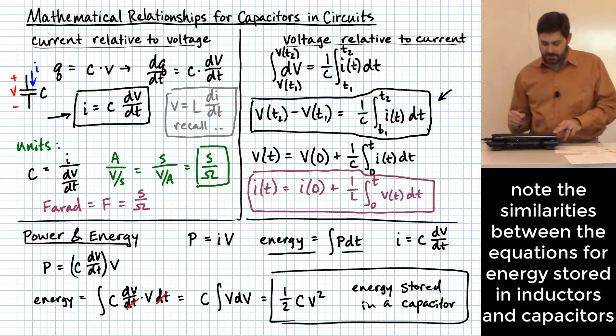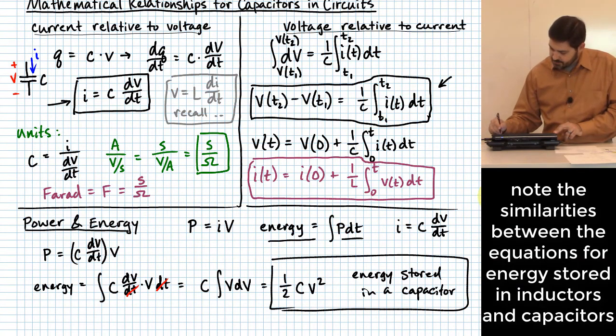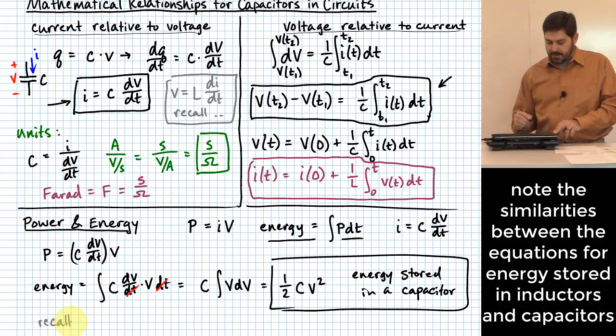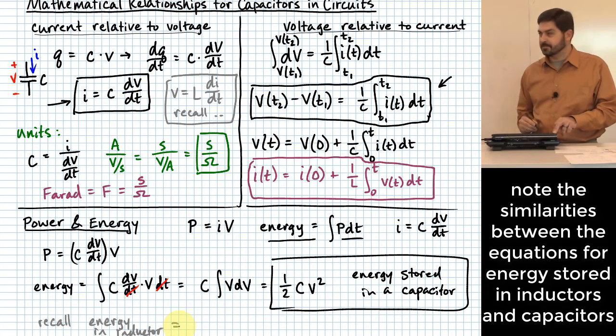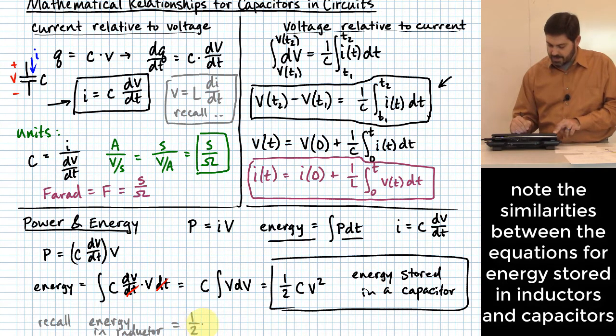What if I wrote this up here and I said, remember that we had energy in an inductor. Do you remember the formula we had for that? 1/2 L I squared.